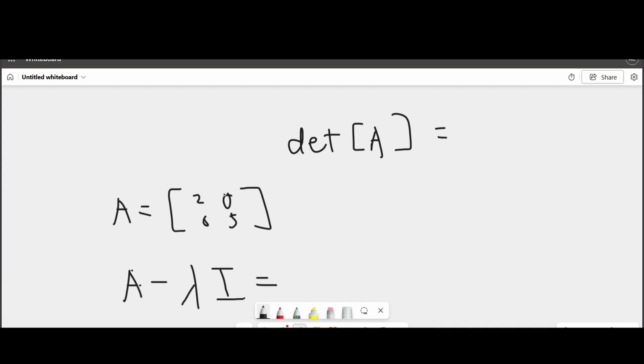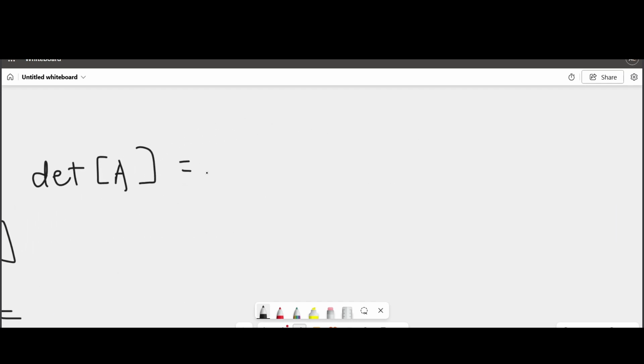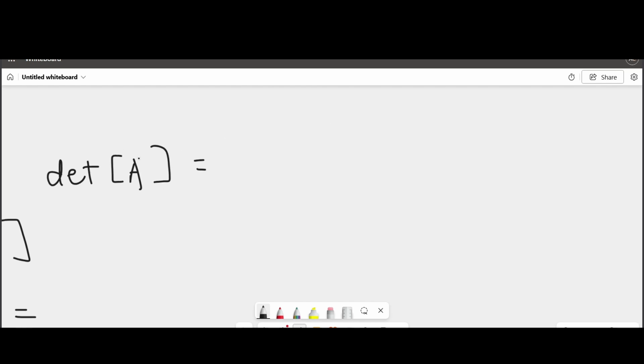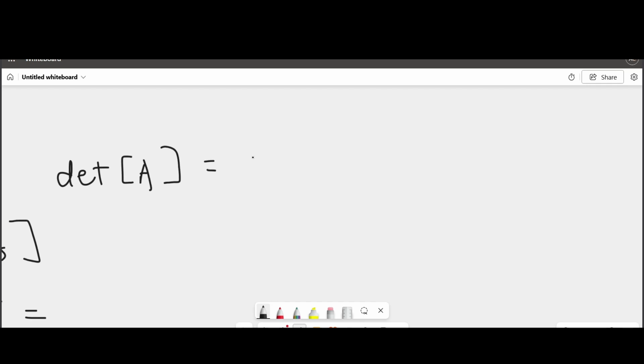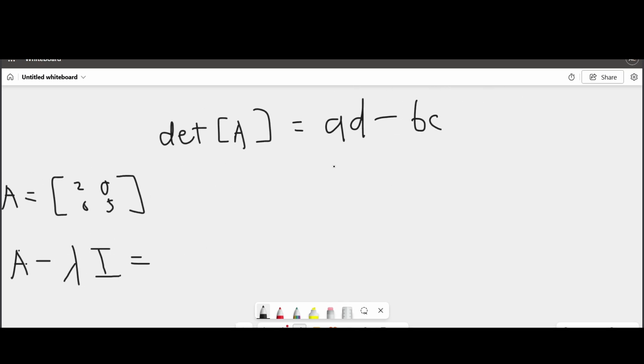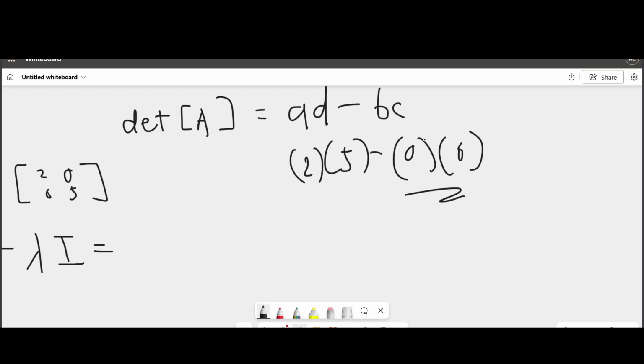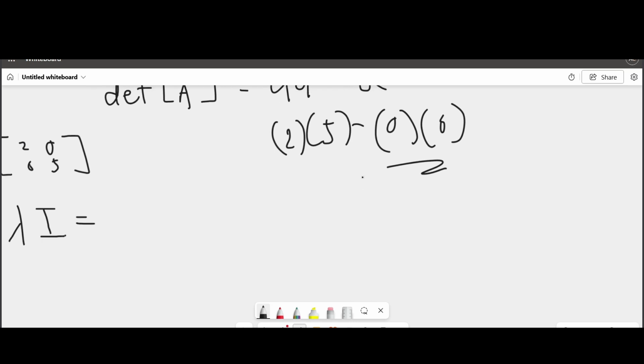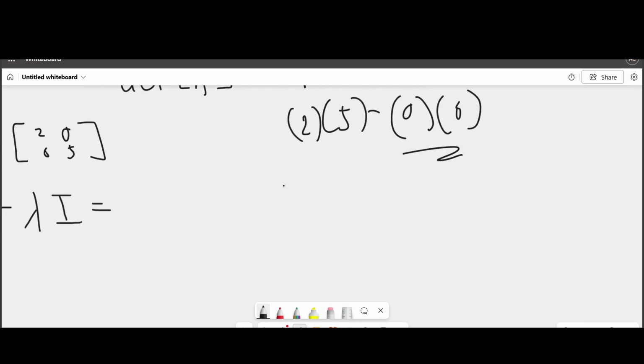So we have determinant A equals AD minus BC. We substitute the numbers: 2 times 5 minus 0 times 0. We can disregard the zeros, so we have 2 times 5, which is 10. So the determinant is 10.